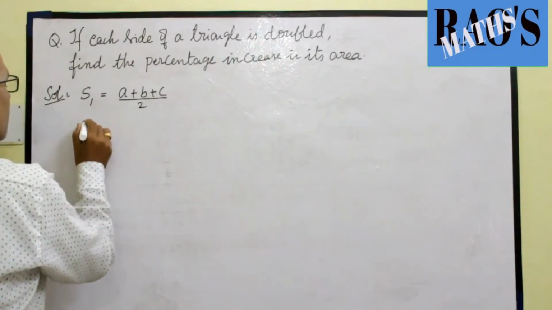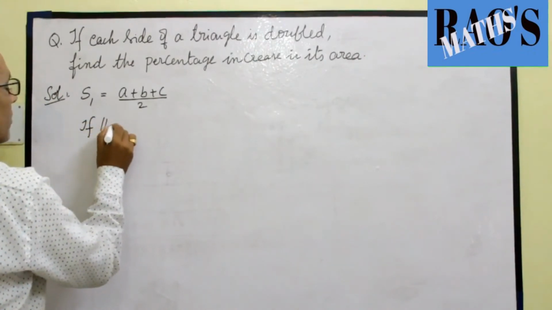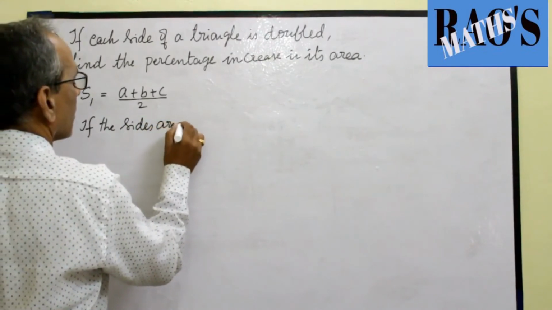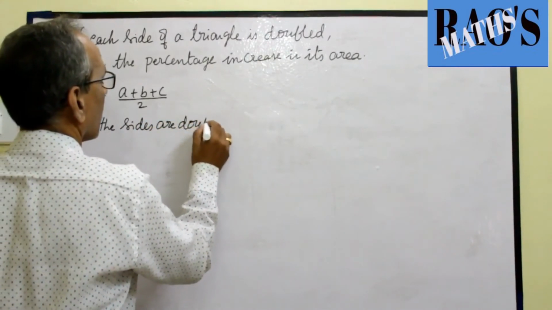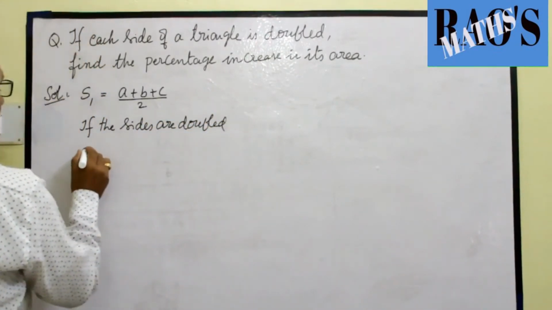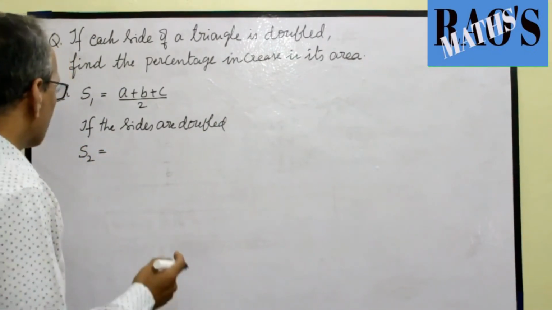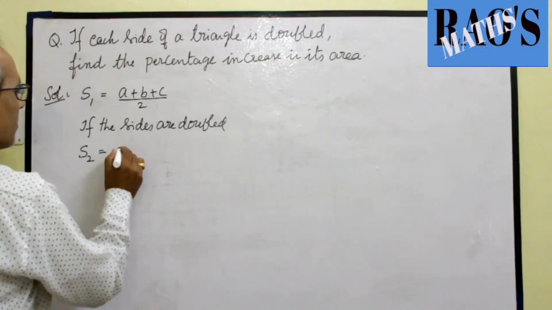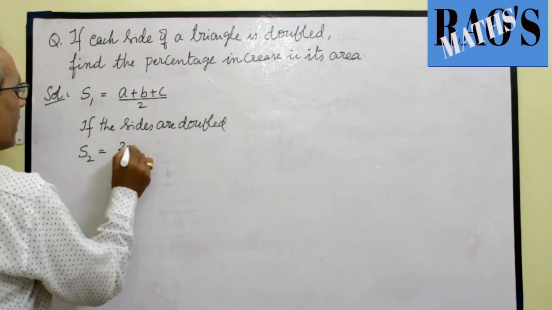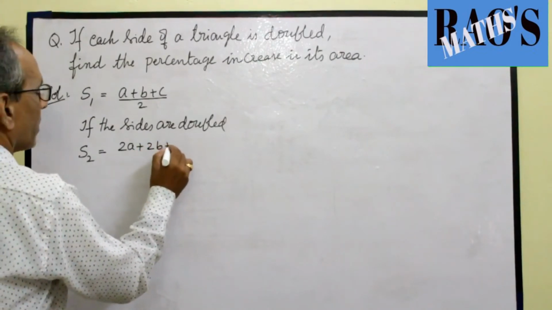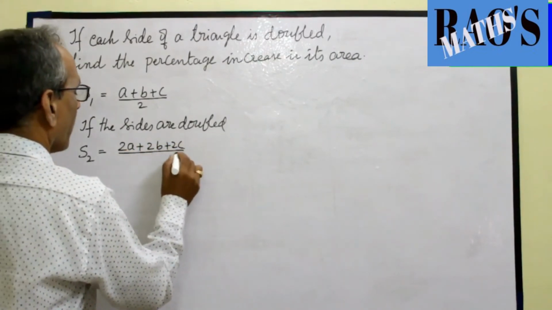If the sides are doubled, the new semi-perimeter of the increased triangle is (2A plus 2B plus 2C) by 2.